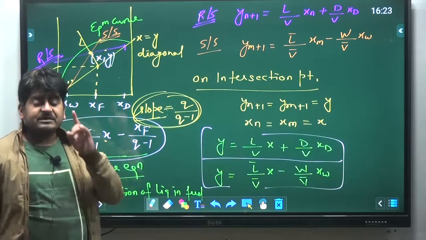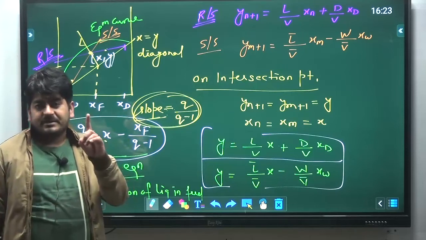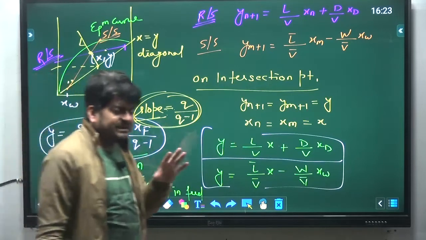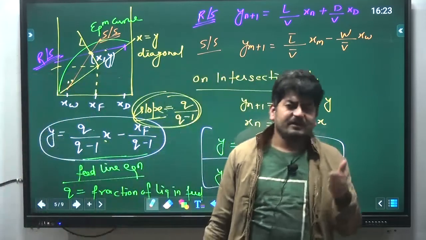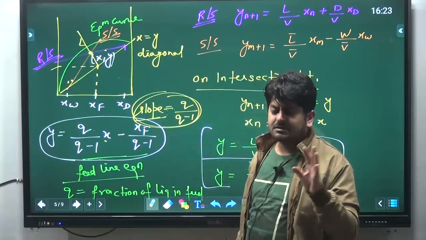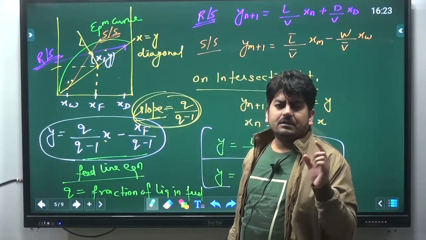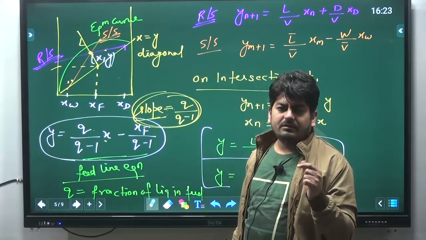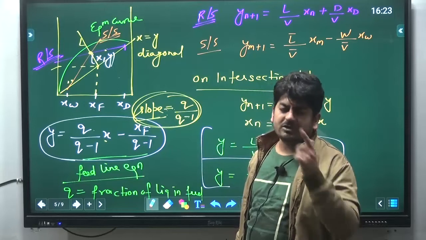So till now we have one, that is CMO. There are many assumptions, but mainly three assumptions are there. First is this constant molar overflow in each section. Second is latent heat of vaporization is same throughout the column.